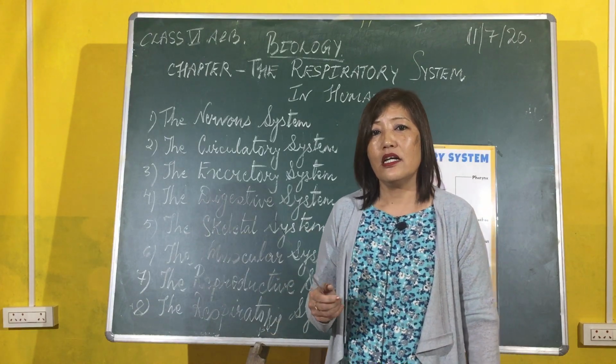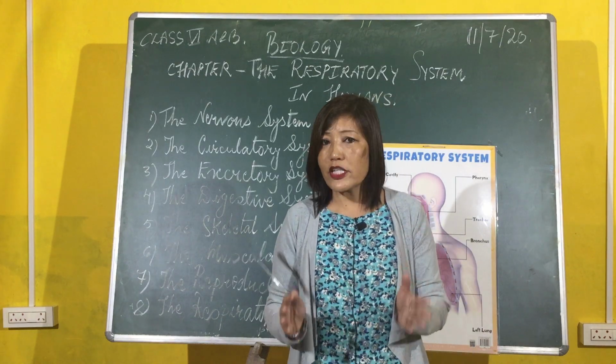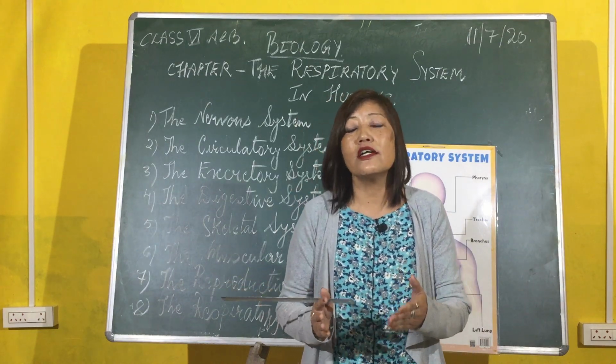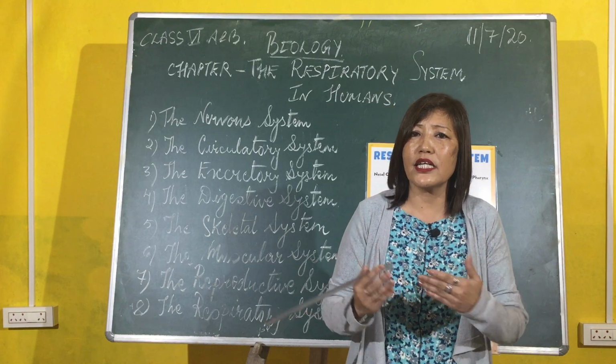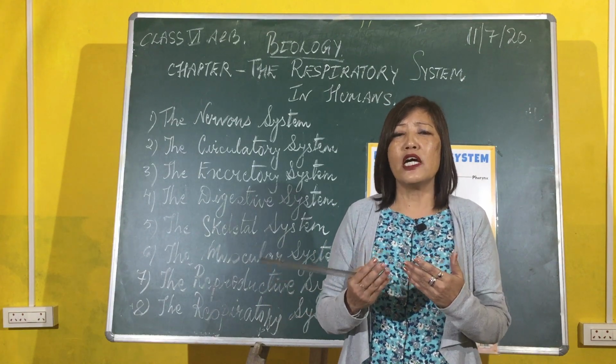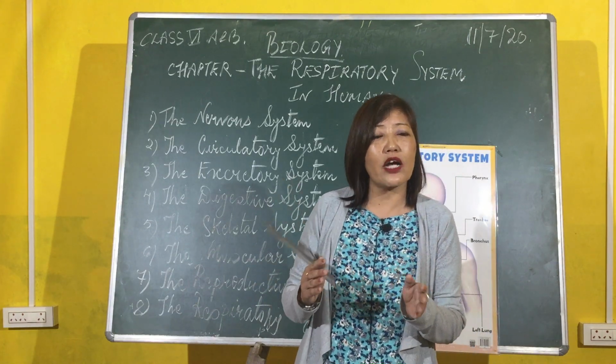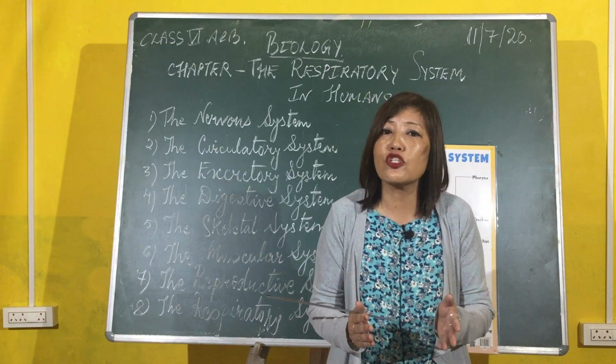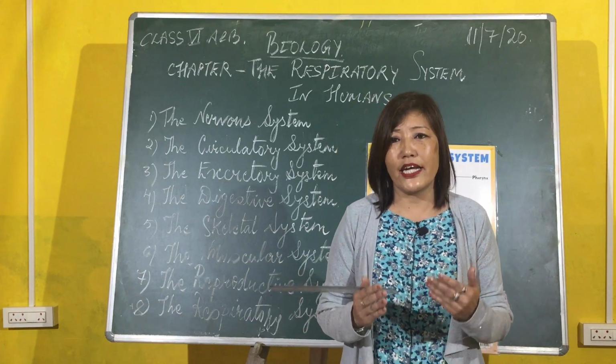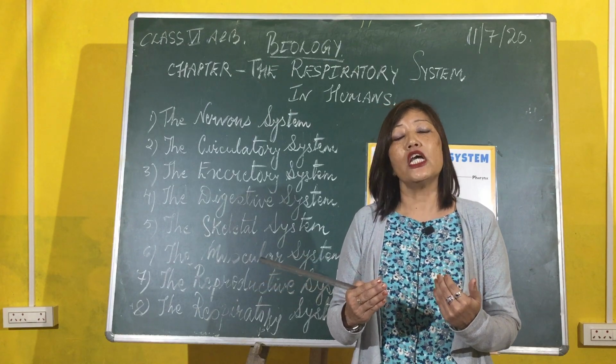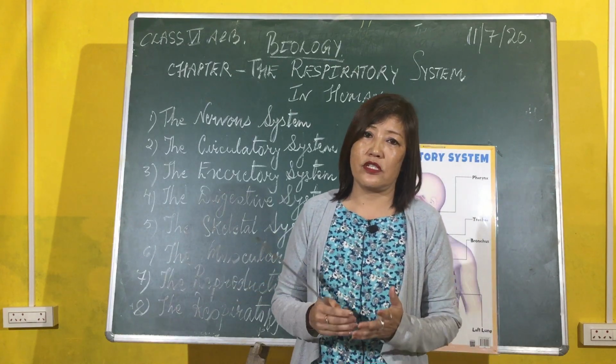Is that clear? Now, this is about respiration. So, what you have learned is that respiration is not just the process of taking in oxygen and giving out carbon dioxide, but through this process your body will get energy to do different activities.